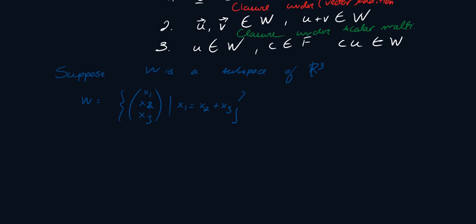Something that seems very made up will usually look like this. We'll tell you that W is a subspace of a vector space, and we know that R3 is a vector space.